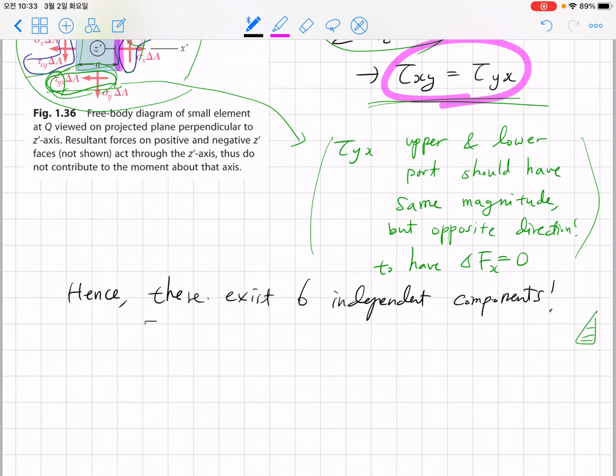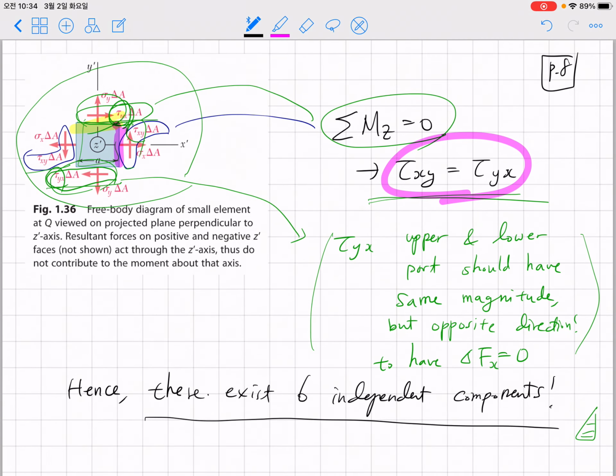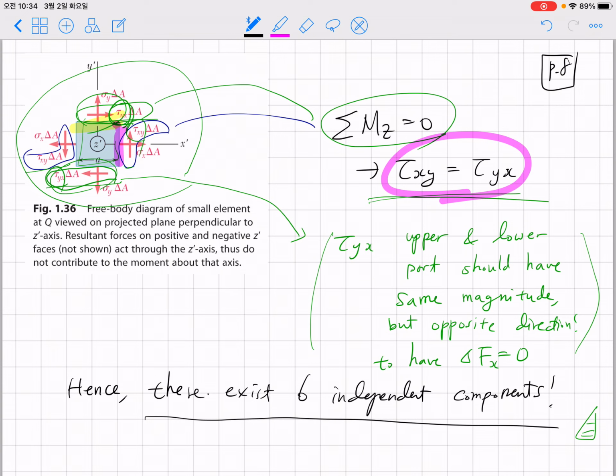So there exist six independent stress components, and this is something you have to remember when doing stress analysis. You don't need to worry about obtaining nine components. There are actually six independent components for stress on an infinitesimal volume. Please remember this.